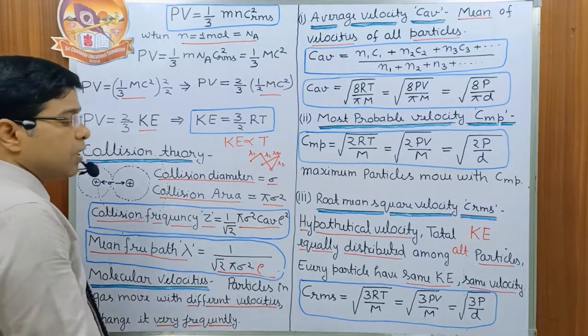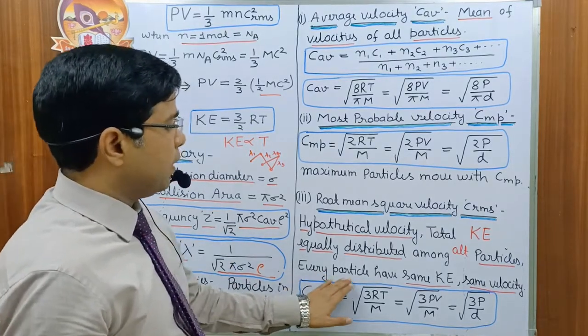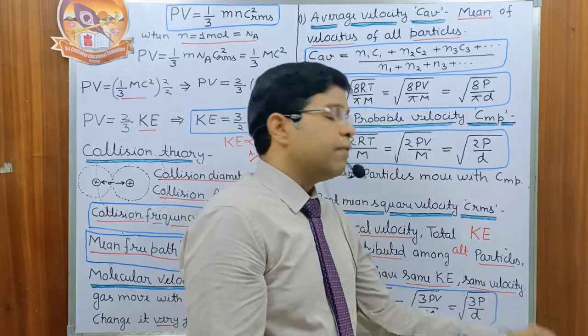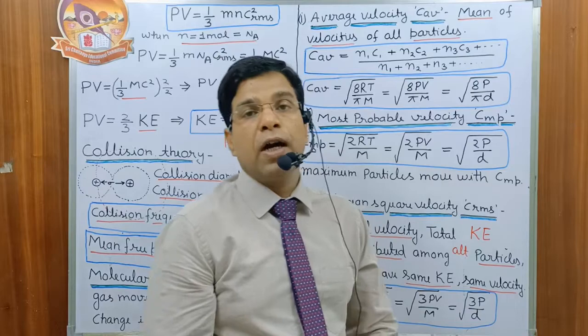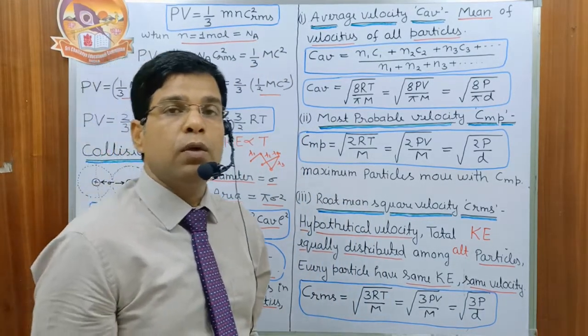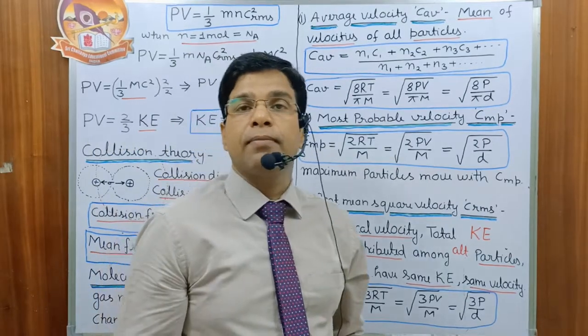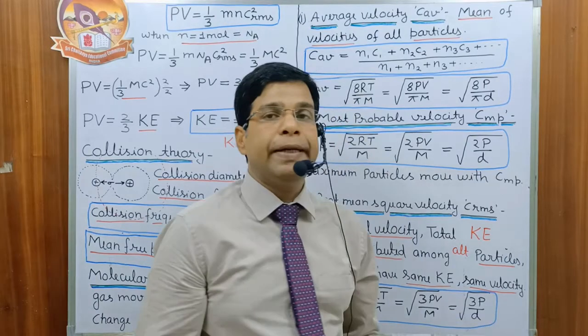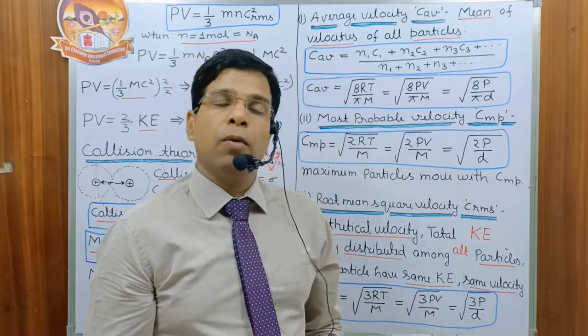In such case every particle will have the same kinetic energy and the same velocity, which is the hypothetical case. What is the formula? C_rms is equal to under root 3RT divided by M, or under root 3PV upon M, or under root 3P upon d.